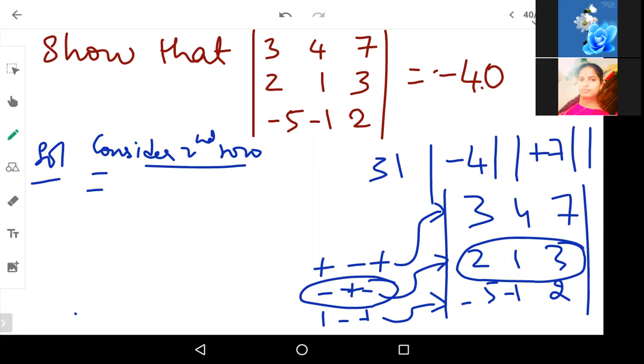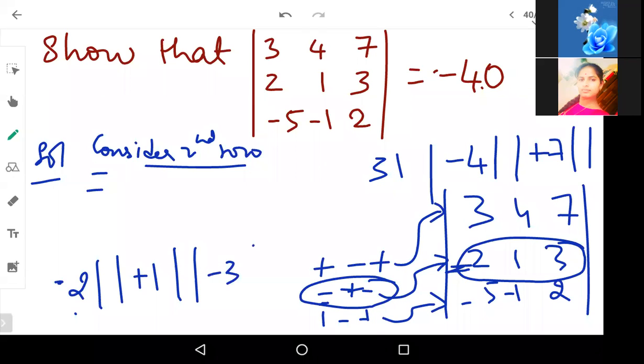But now we'll be considering the second row, where 2 gets a minus, so minus 2 into the minor, plus 1 into the minor, minus 3 into the minor. So this is what we will be doing in this problem. You will still get the same answer. It doesn't matter which row you consider, you will still get the same answer.